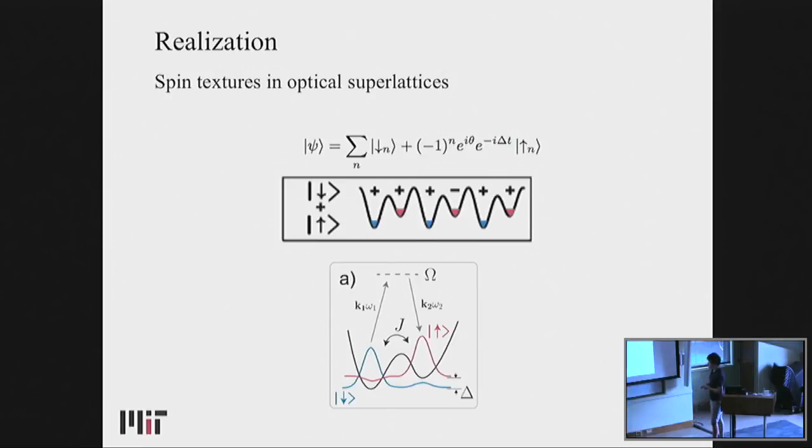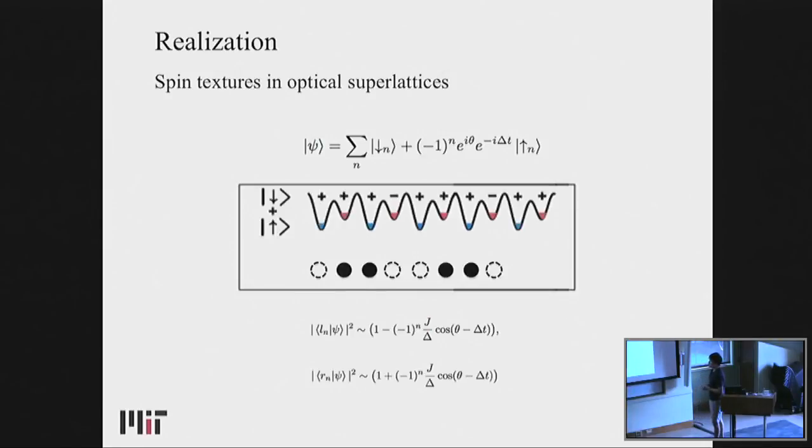If we calculate the projection of the wave function in the left well in the site n and the right well in the site n, we can get a density modulation like this, where the solid circle means a little bit higher density, and the hollow circle means a little bit less density. So we will spontaneously get a density modulation which has twice the periodicity of the original lattice.